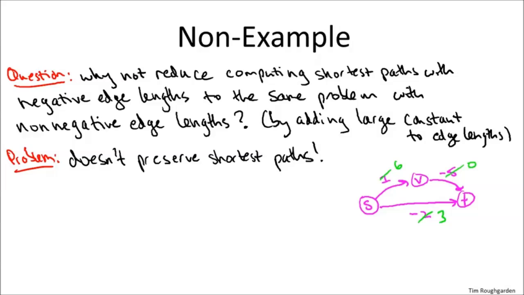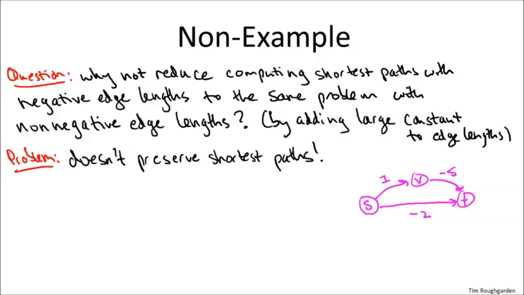We added 10 to the top path and only 5 to the bottom path, and as a result, they've reversed. So now the bottom path ST is actually the shorter one. So if you run Dijkstra on this graph, it's going to come back with the path ST, even though that's not in fact the shortest path in the original network, the one that we actually care about. Okay, so that's why you can't just naively reduce shortest paths with negative edge lengths to shortest paths with non-negative edge lengths.